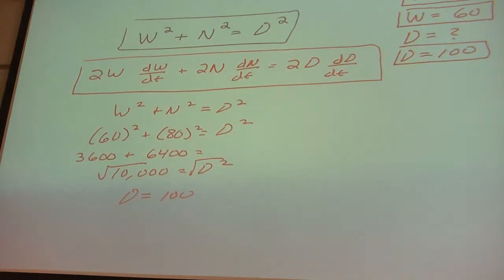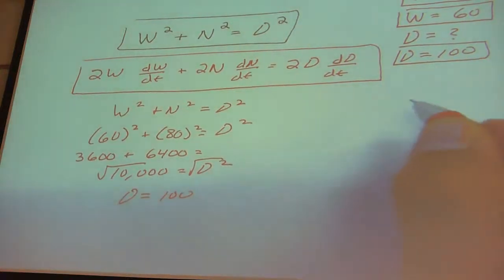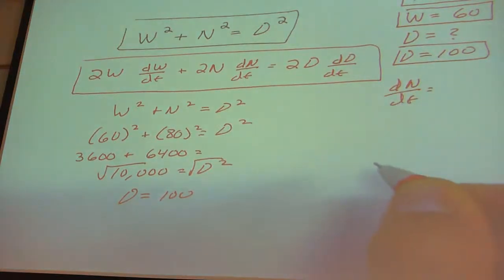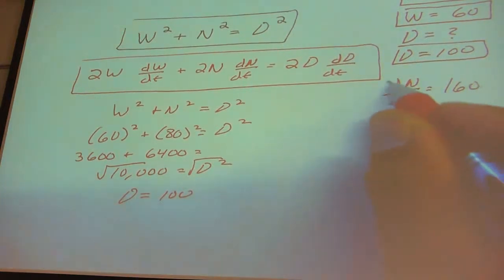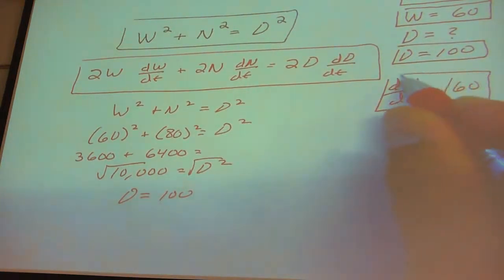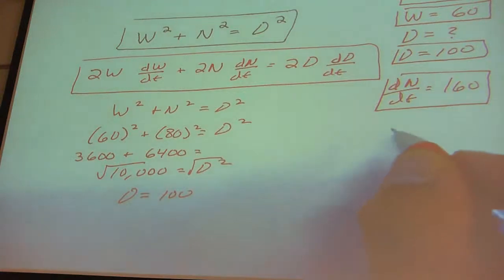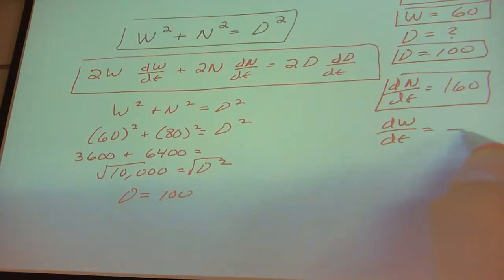Now, they did also tell us some more stuff. They told us the speed of N and W. So dN/dt, that's the speed of N, how fast that northbound plane is going, is 160. They told us the speed of the westbound plane, that is negative 120.